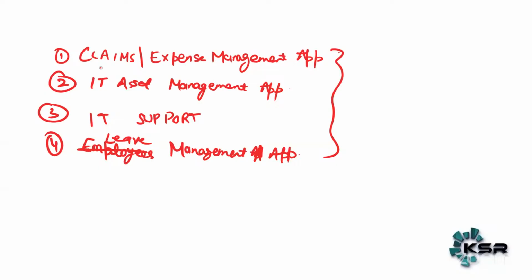The third one is the IT support app. If you need any help from the IT team, related to hardware, software, or anything in the organization, this project will help. The fourth one will be the leave management app, where you can apply for leaves, get them approved, all these things.